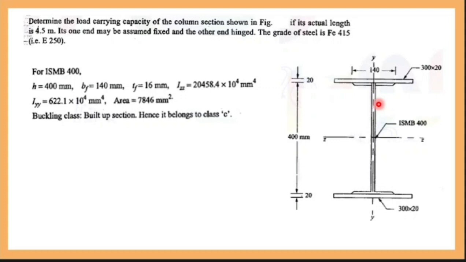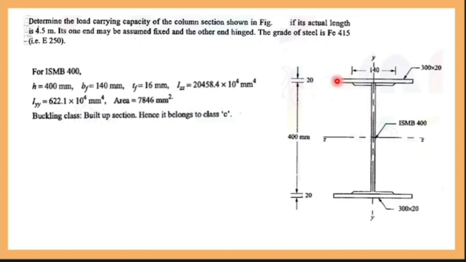How will you find the least radius of gyration? You have to first find the I, that is moment of inertia, at x-axis and y-axis. If you find that, divide by A. In the steel table the area is 78.46 centimeter square. If you want it in millimeter square, multiply by 100, so it will be 7846.